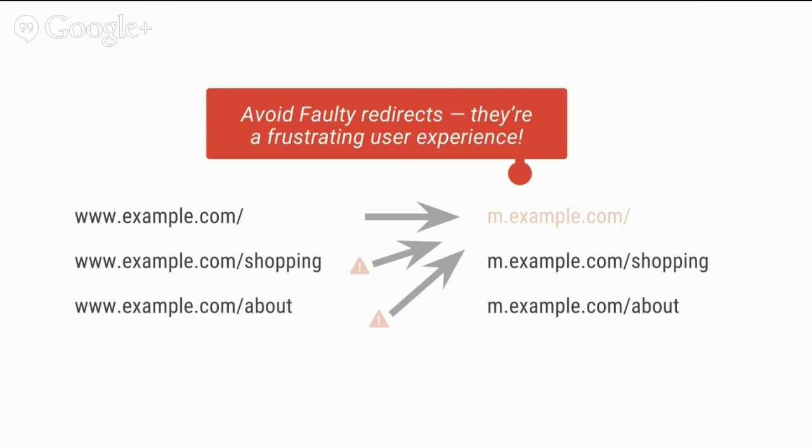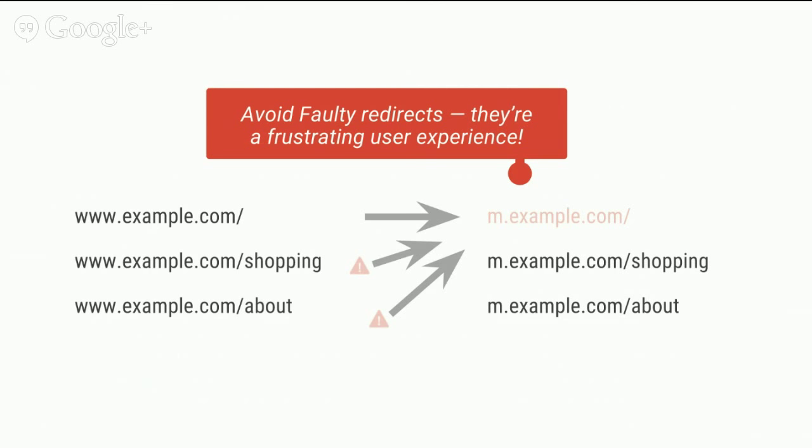So you wanted to actually go see the product catalog, instead you landed on the main page. And this gets even worse when you're going into deep articles, for example, on blogs or on media sites that have particular information. So if somebody sees an article that they're interested in reading, and they get the URL for the desktop version, the desktop server detects that the user is on a mobile device, and it redirects them not to the mobile version of that article, but to the landing page of the mobile version.